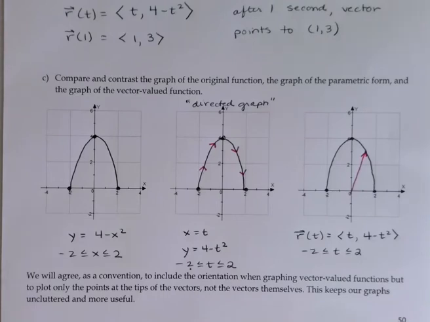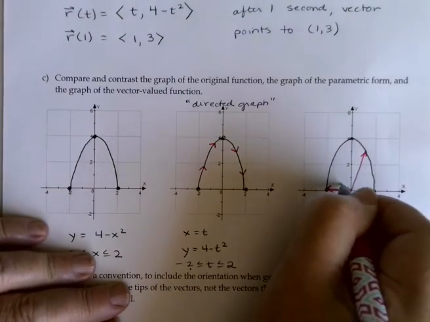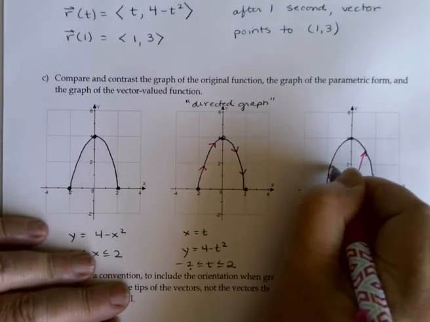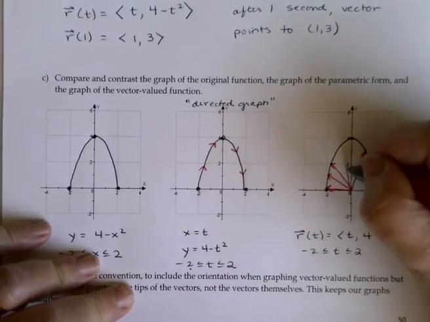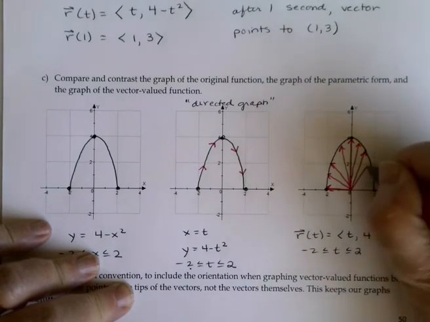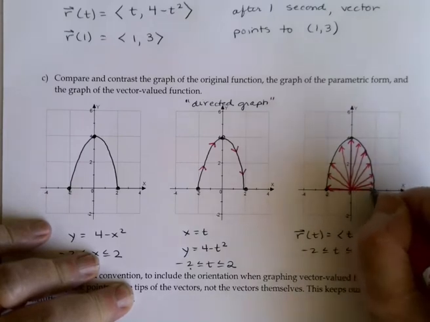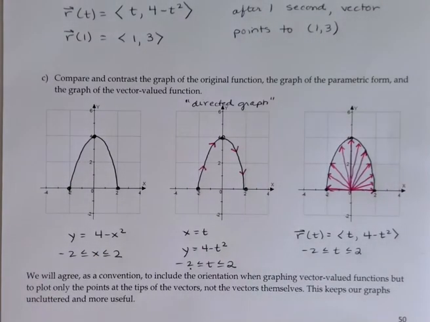The output is going to be a vector that points out the entire graph. So in actual fact, and of course I can't draw them all, but I'll draw a sampling of them, the true graph of this vector-valued function is a set of infinitely many vectors whose tips are pointing out all of the points on that graph.